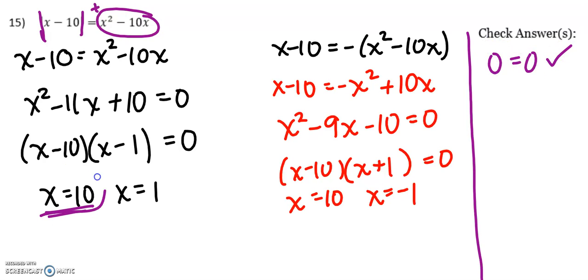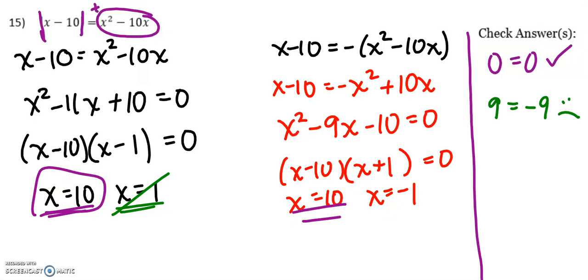10 works. Success. Next one, if I plug in 1, 1 minus 10 is -9, absolute value would be positive 9. Plugging in 1 squared is 1, minus 10 is -9. Bummer, doesn't work. This one, x equals 10, wait a second, I already did that. Okay, that's good.